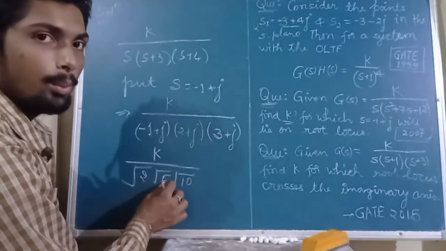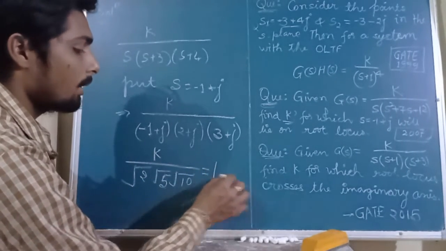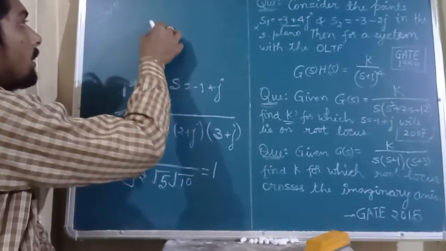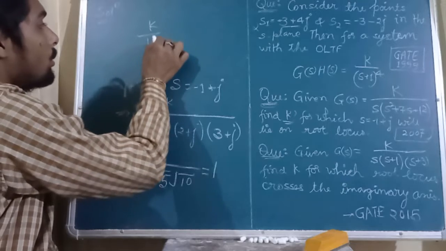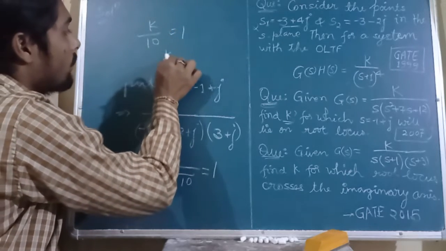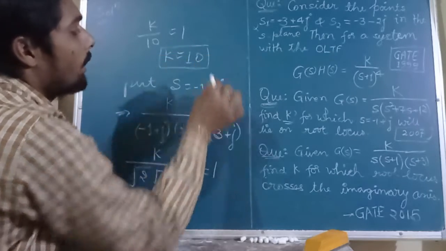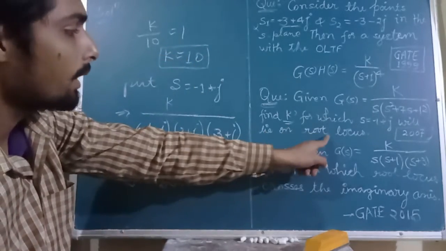Now 5 into 2, that is 10. It must be equal to 1, and hence K upon 10 equal to 1, hence K equal to 10. This is the required value, that is K equal to 10.